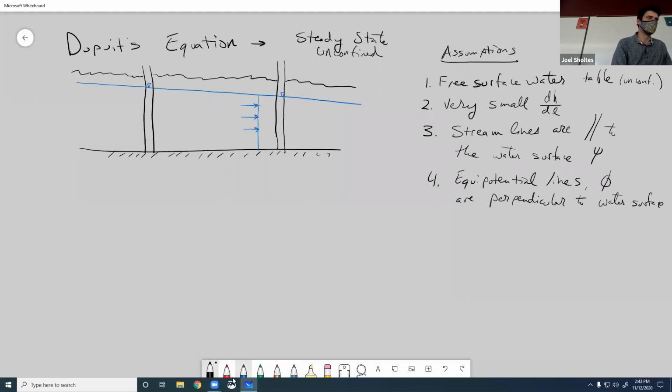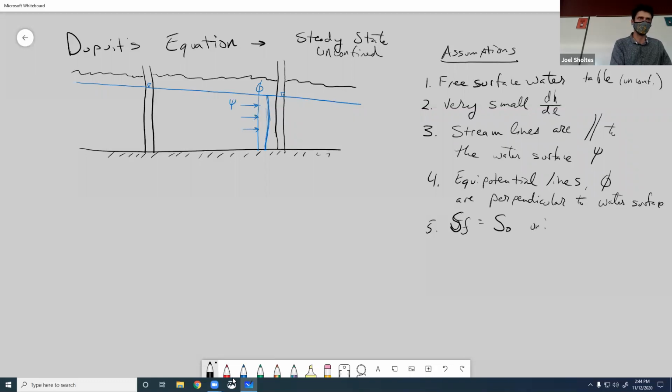And so if these lines right here are psi, then this would be an equipotential line. All right, and then the last assumption here is that the friction slope is equal to the actual slope of the water.